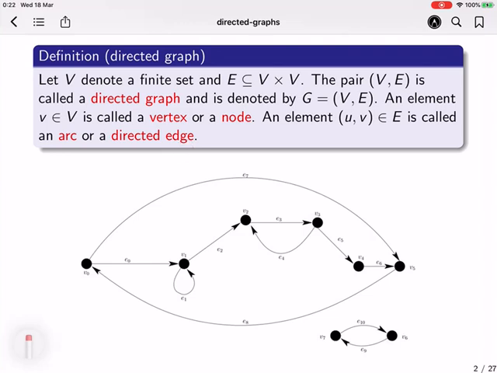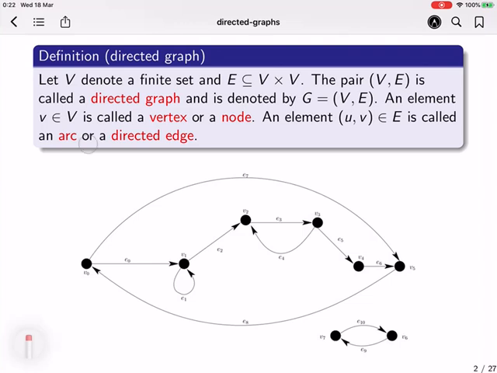In the diagram below, we have a depiction of a directed graph. The vertices are denoted by black circles, V0, V1, V2, V3, V4, V5, V6, V7.